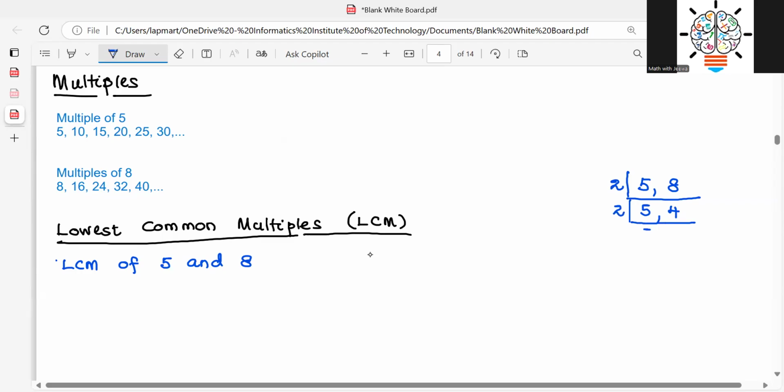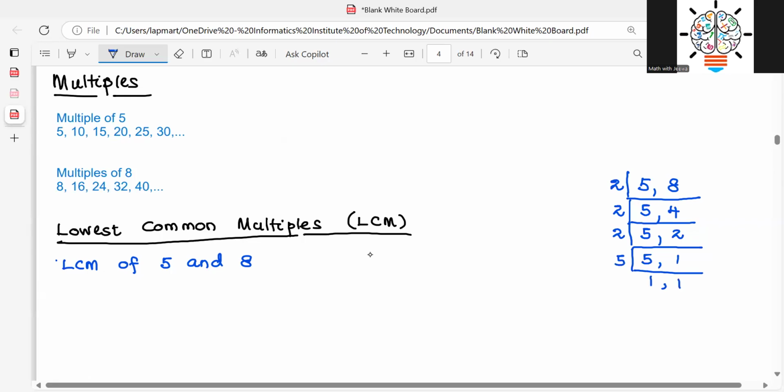Then again 5 I write as it is, 2. Again I need to take 2, 5 and 1. Then I select the next prime number, which is 3. But I can't take 3 here because it is not divisible. So then I move to the next prime number, that is 5. So then 1 and 1.